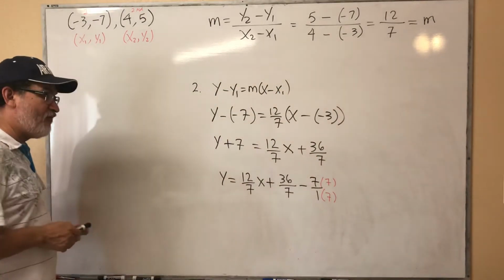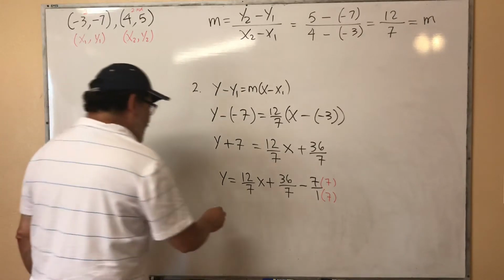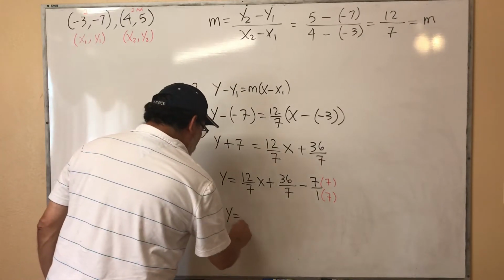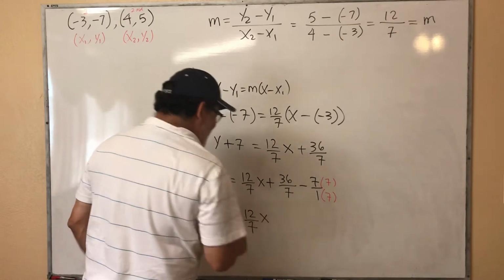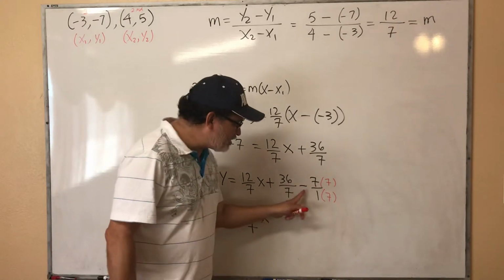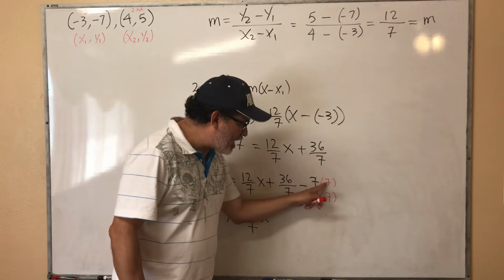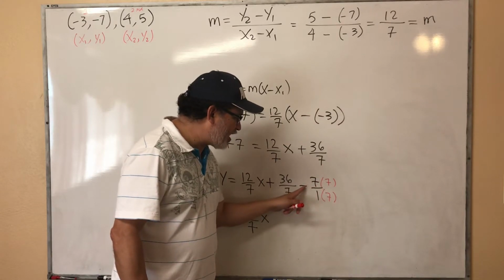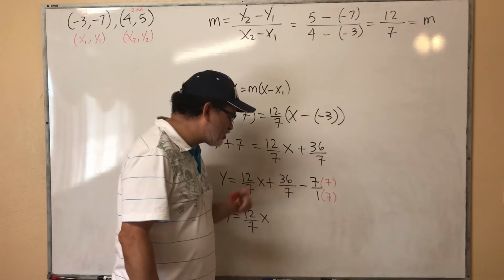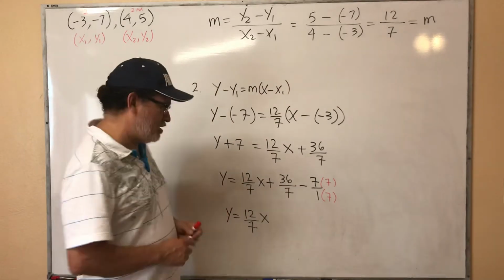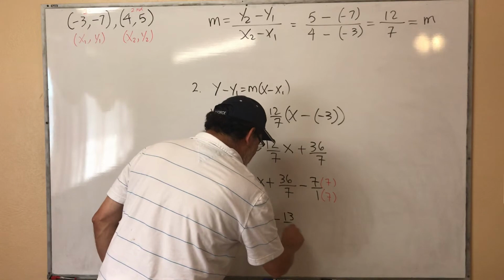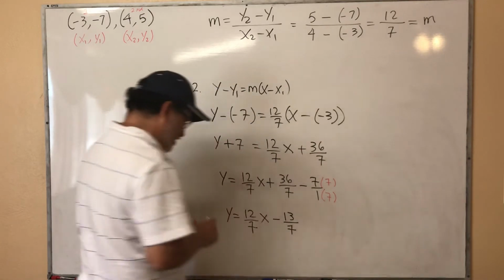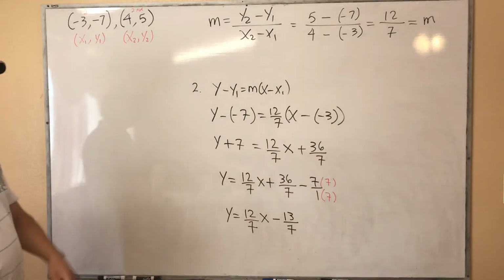And so now, finally, we get y equals 12 over 7x, and then this is minus 49. What's negative 49 plus 36? Minus 13 over 7. And there you go.